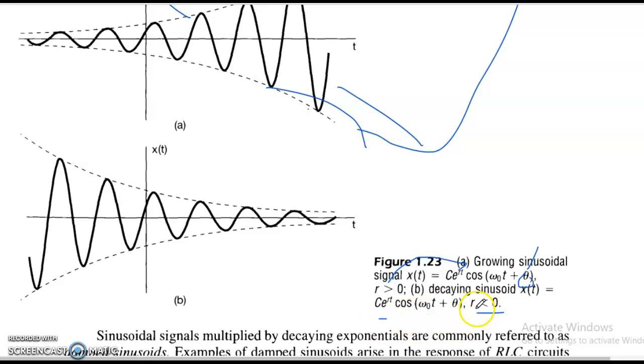When r is less than 0, then cos of omega t plus theta gives a decaying sinusoid.